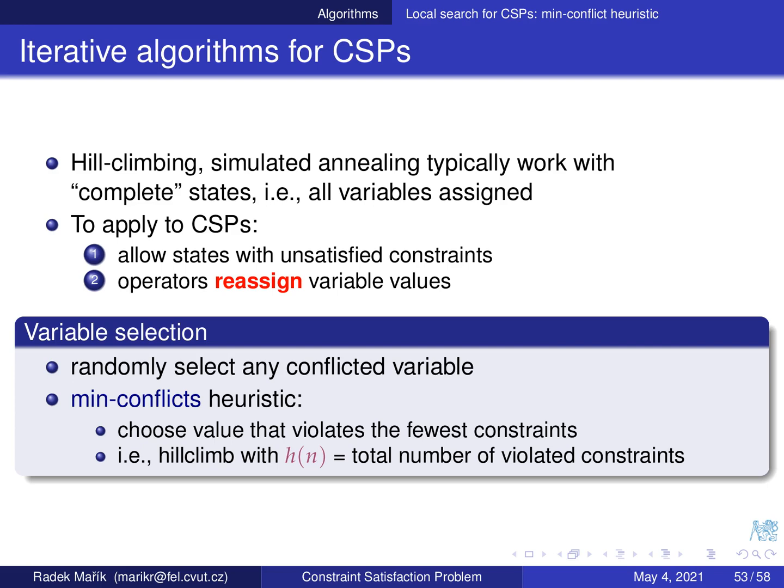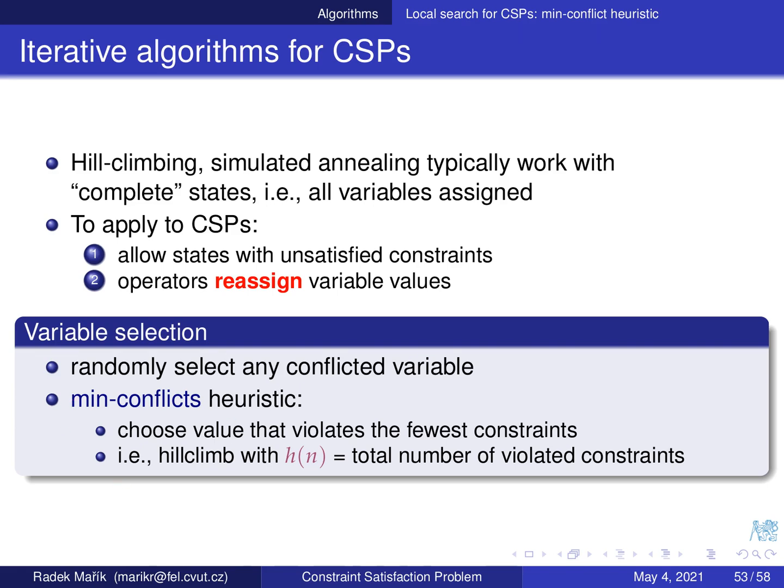The variable to be reassigned can be selected randomly from the set of conflicted variables, that means variables that cause any unsatisfied constraint.